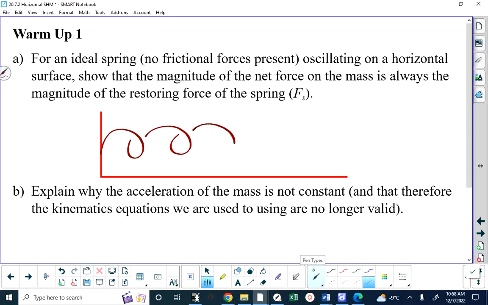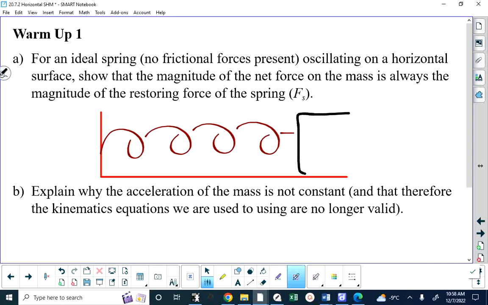You don't have to be an artist here. Just draw in a few loops, and then we can connect this to a mass. And it's in oscillation. You have to visualize that I've maybe pulled it out to some point and I've let it go, and it's going to be springing back and forth.